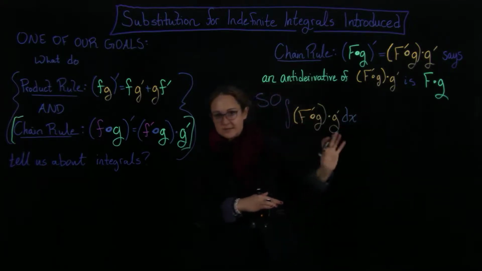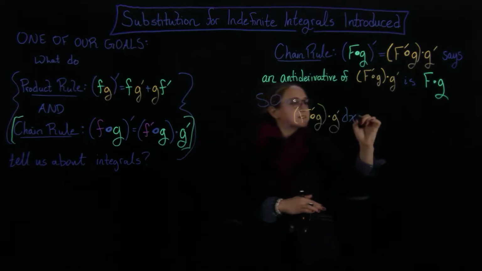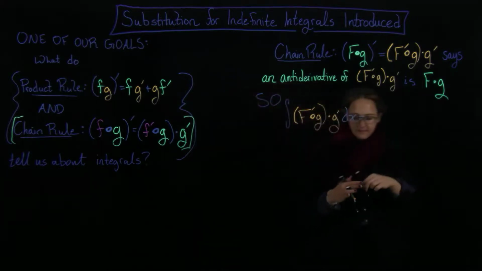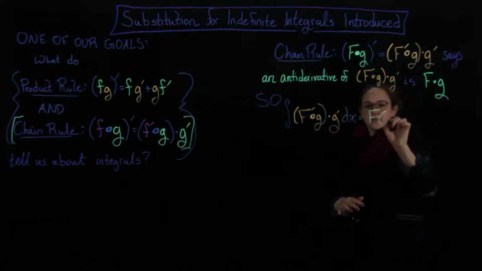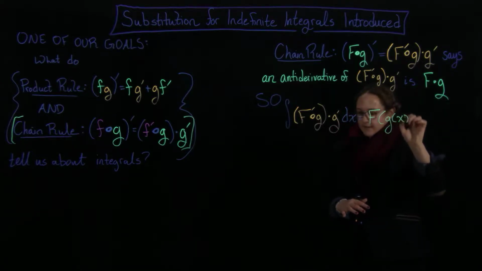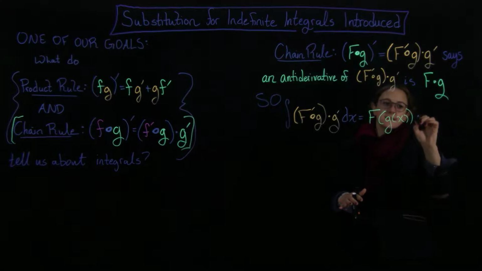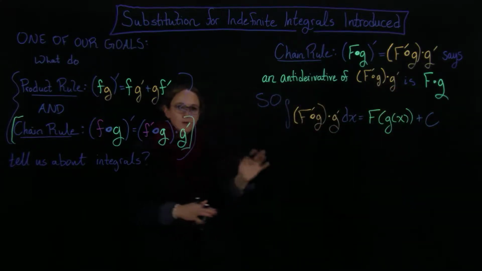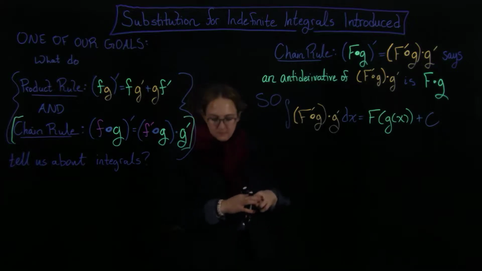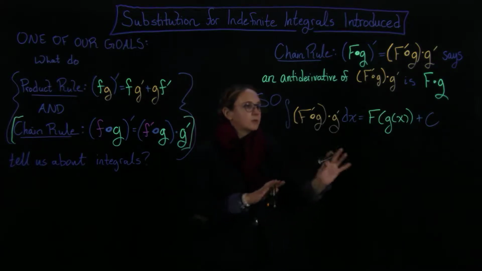Of course, it could be dt or something else. It's okay. That this is going to equal F, right? It's going to equal this composition, so you can just see this is F of G of x, plus some C, because we want the generalized antiderivative there. Okay?